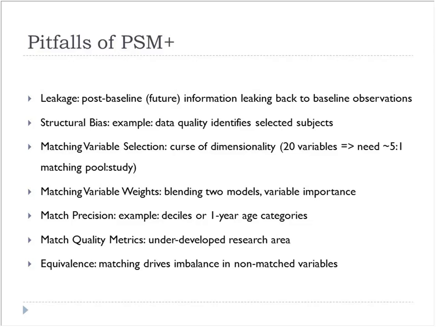And lastly, the equivalence. Matching can drive imbalances. So in randomized controlled trials, many times you'll take a set of demographics, characteristics, and if your randomization is working, you'll see that the demographics of the control and the treatment groups match up very nicely. And that's often a very good check on your randomization, whether it worked or not.